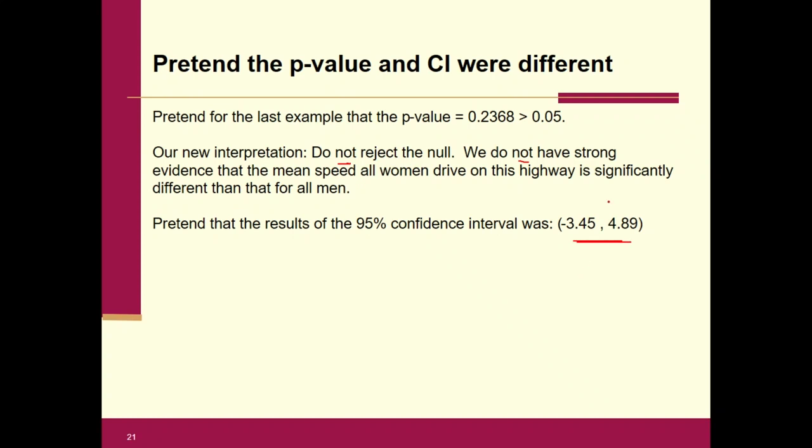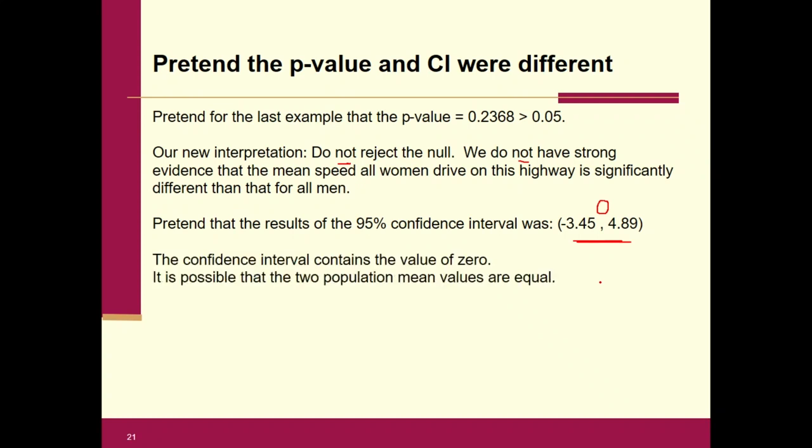Because why? That's telling us that it's possible that 0 could be the difference between the two. And if 0 is a possibility for the difference between the two, there's a possibility that there's no difference. And so that's what we would expect. Okay, so the confidence interval contains the value of 0, and it is possible that the two population mean values are equal to one another.